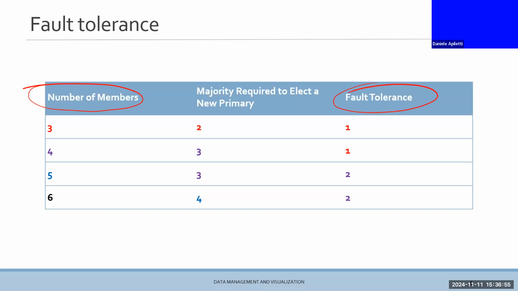Fault tolerance means how many nodes I can kill, or can have a problem, without disrupting the system. After that number of nodes have been disconnected, destroyed, or made unavailable, the whole system is still available. Okay, so that's the degree of resilience to failure.